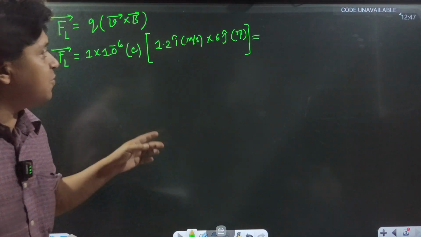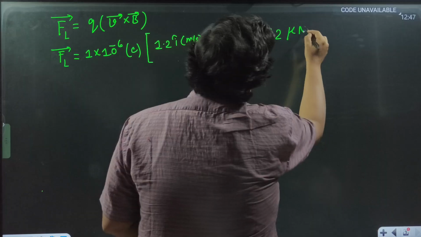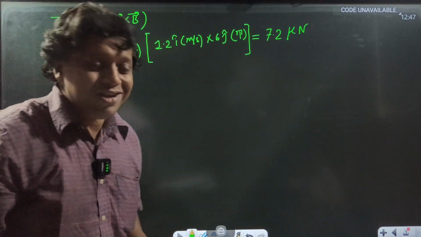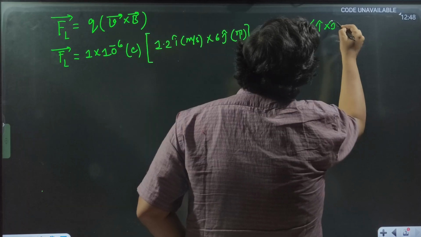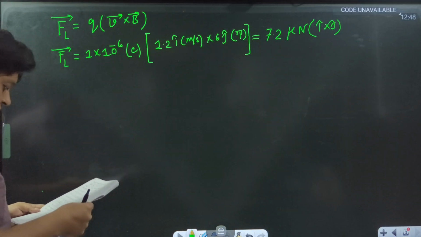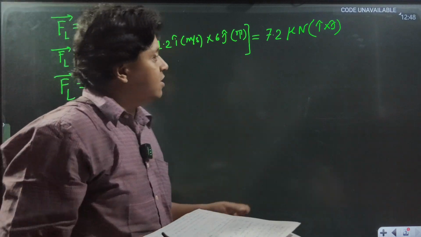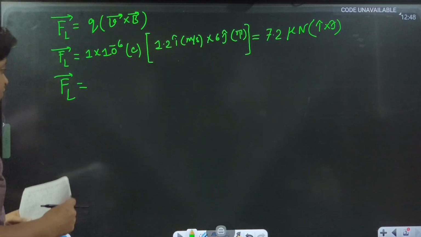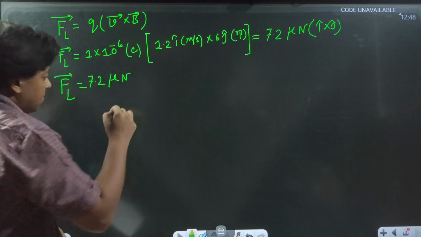These upon calculation turn out to be equal to 7.2 micronewton, that is 7.2 into 10 to the power minus 6 Newton in magnitude, and it will be in the direction i cross j. So F L vector, you must be knowing what i cross j is equal to. i cap cross j cap is equal to k cap. It is 7.2 micronewton.